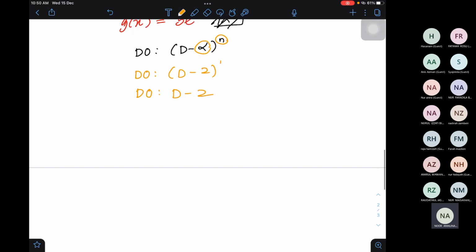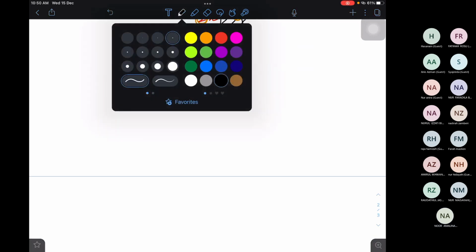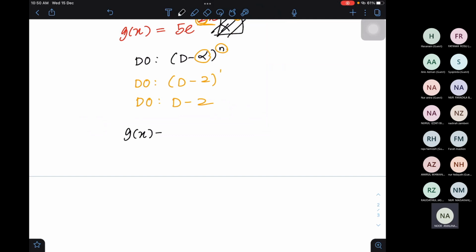For example again, if you have your g(x) equal to 4x cubed exponent negative 7x, how do we determine the differential operator for this one? You need to remember, whenever you have an exponent, it is a polynomial plus an exponential function.